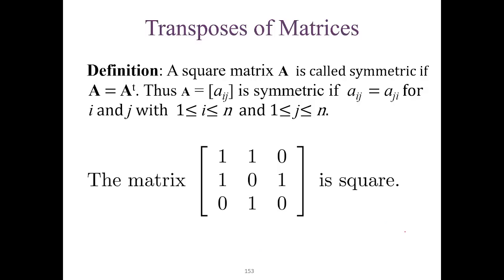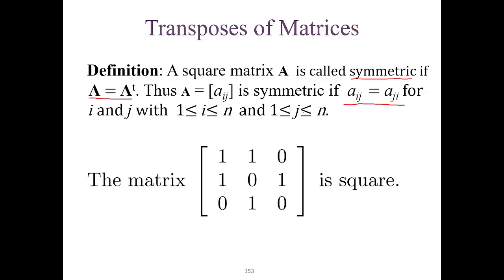Next, let's see a very special matrix which is called a symmetric matrix. If a square matrix A equals its transpose, then it's symmetric. We call that symmetric because in this matrix, Aij equals Aji.